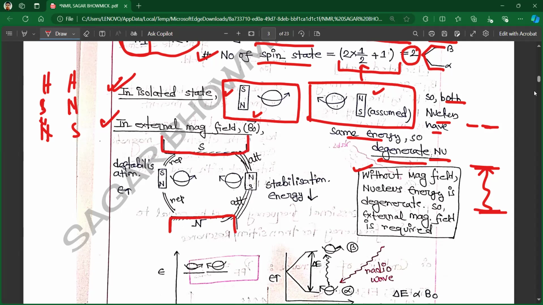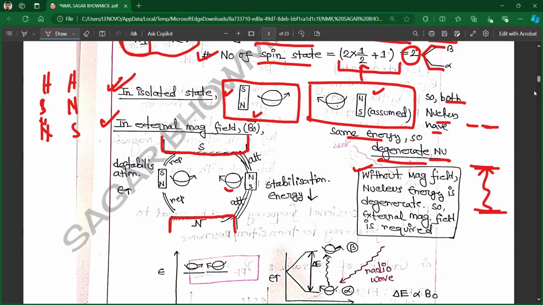Now look very carefully. This is north pole. That means this north pole will be repelled. We know north-north repulsion, north-south attraction. This south is repulsion, right? For this nucleus, north-south, this is attraction. So this nucleus is enjoying attraction from both sides, but this nucleus is having repulsion from both sides.